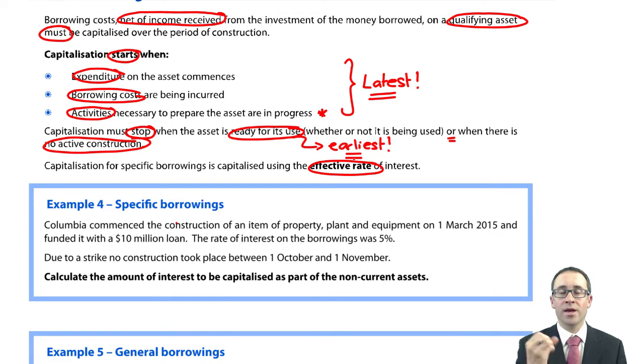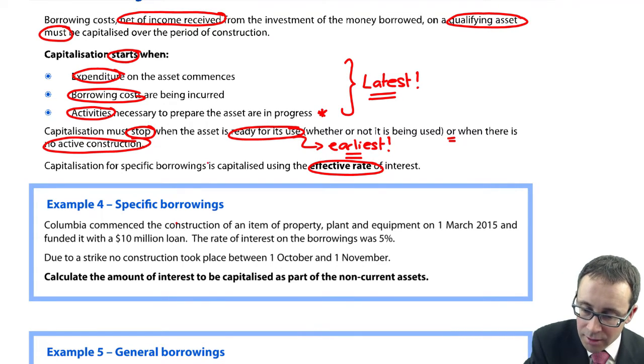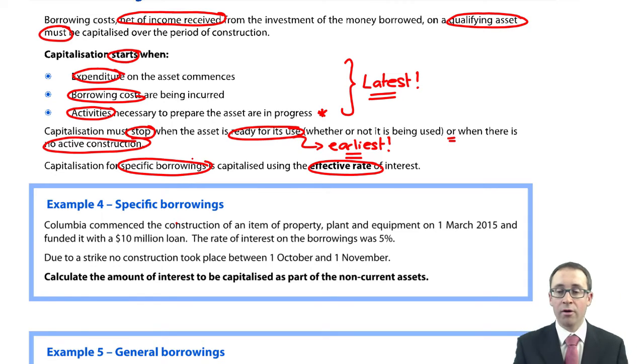So when you're looking at the interest that is capitalised, you are using the effective rate of interest. However, that only applies to specific borrowings, i.e. when you have taken out a loan to fund a construction project. We will look at general borrowings a little bit afterwards. So let's go through that and have a look.